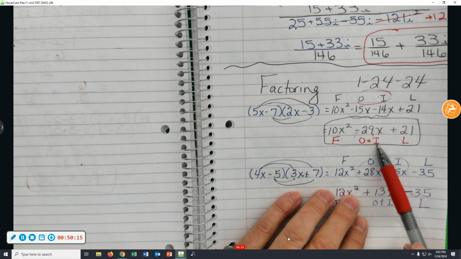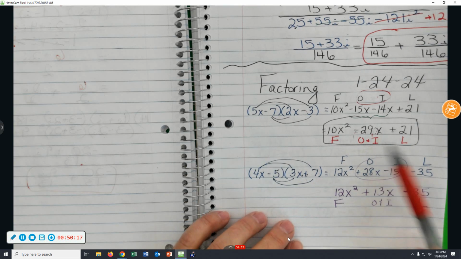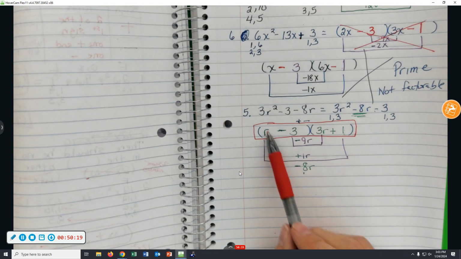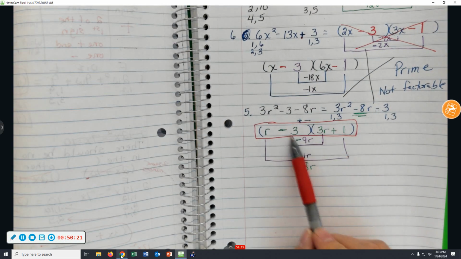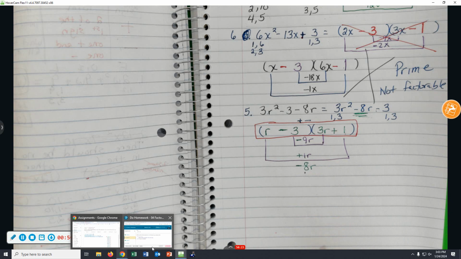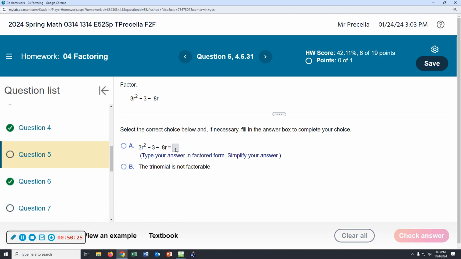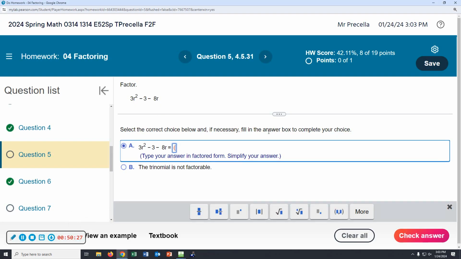Middle term has to be from the outer and inner. So outer, 1r, inner, 9r. So, left parenthesis, r minus 3, and right parenthesis, 3r plus 1.